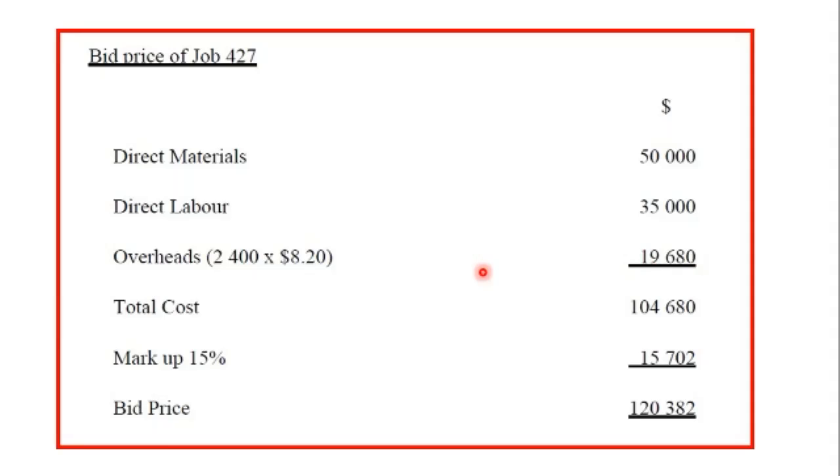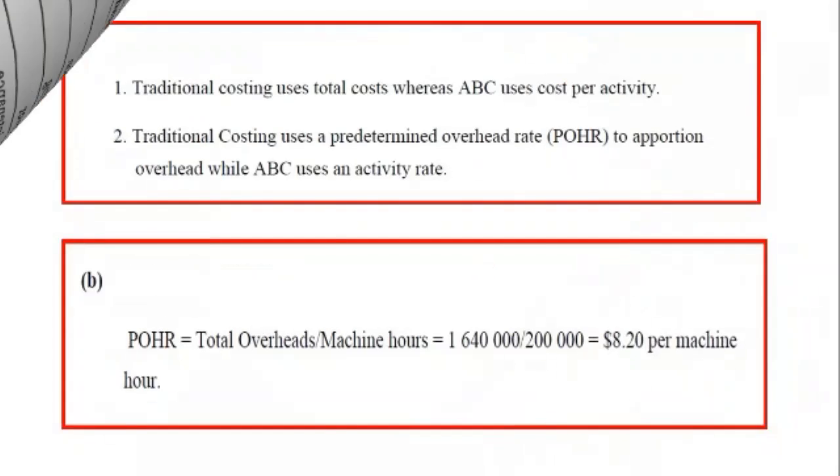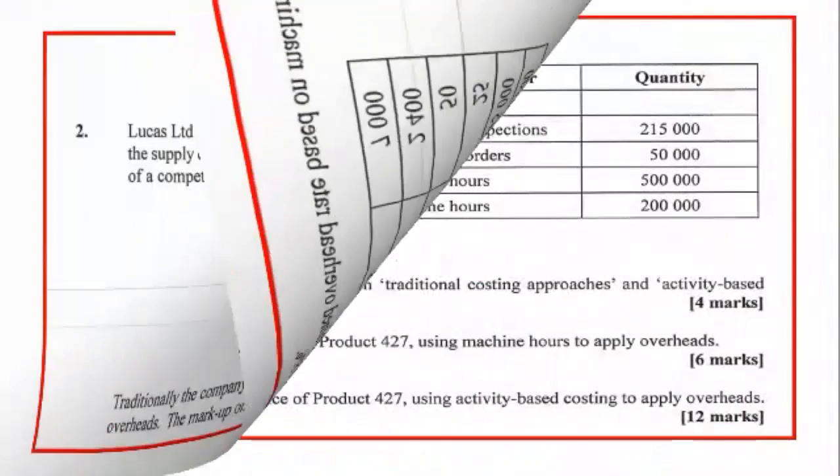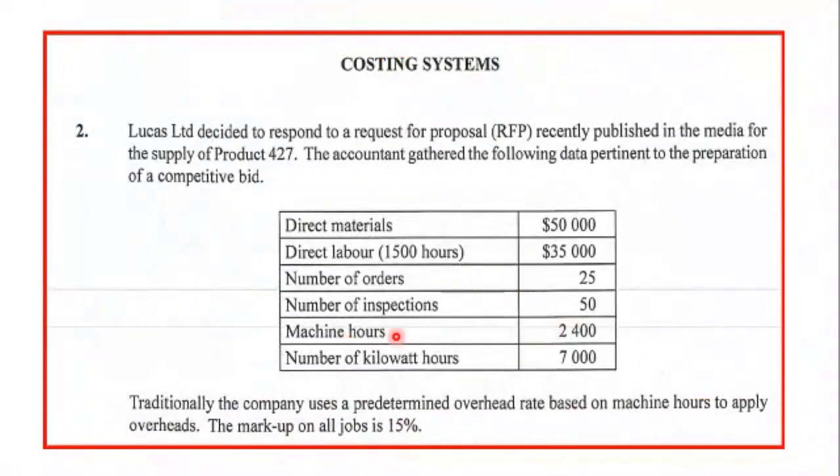So if we back up a bit, we'll see where we got the 2,400 from. Machine hours 2,400 for job 427 or product 427. When we are using job costing, notice it didn't use this to cost it.